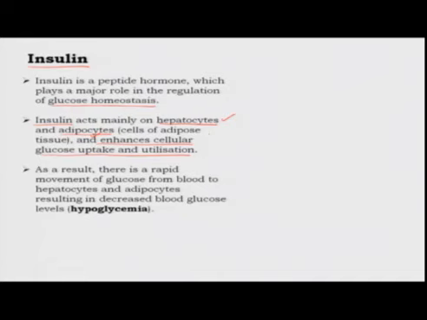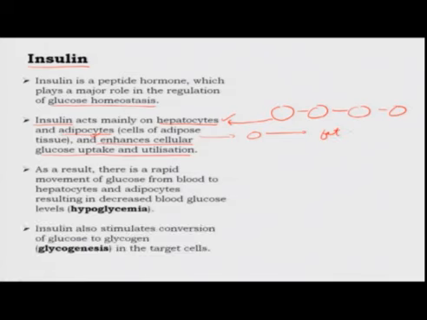So, this glucose molecule gets polymerized to form these long chains of glycogen, and it gets stored in the hepatocytes, and in the adipocytes it gets converted into fat or triglycerides and gets stored.